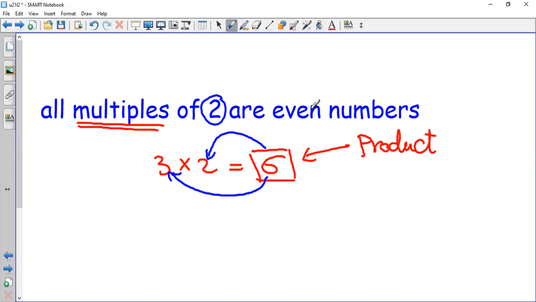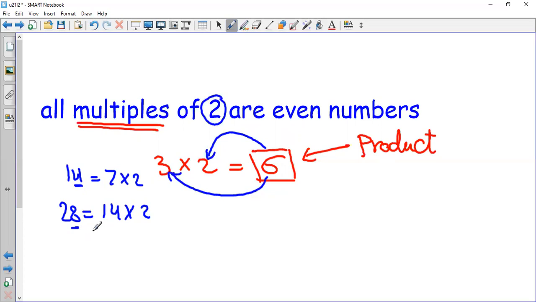Let's check this statement. Tell me any multiple of 2. For example, 14 is a multiple of 2 because it is 7 multiplied by 2. 28, for example, is a multiple of 2 because it is 14 multiplied by 2. All these multiples, or many other multiples, are even numbers because they end in even digits.